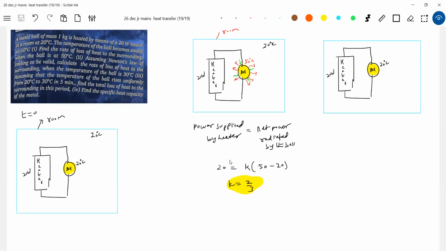Okay, let's get into the discussion: find the rate of loss of heat to the surroundings when the ball is at 50 degrees Celsius. Tell me what you should do. Rate of loss of heat: all the heat supplied by the heater coil is what will be given by the ball to the surroundings, no? The resultant.